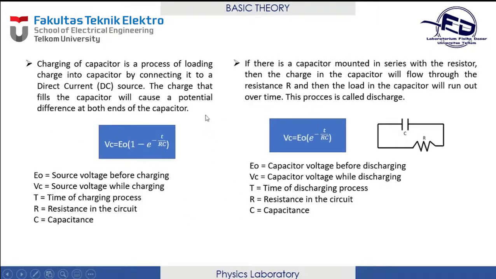Next, there are 2 different equations for the charging and discharging capacitor. For the charging one, there is a number 1 here, minus the exponent power to minus time per R times C. On the other hand, in the equation for the discharging capacitor, there's no number before the exponent, okay?